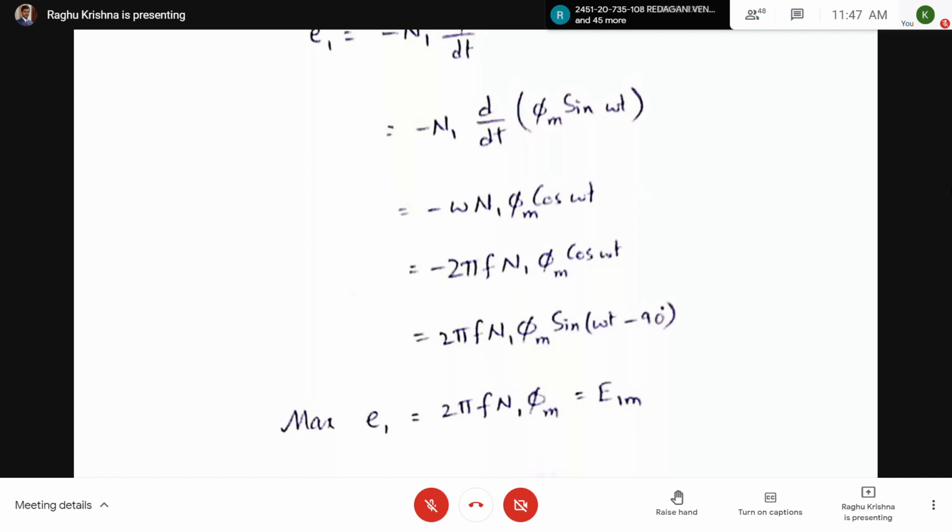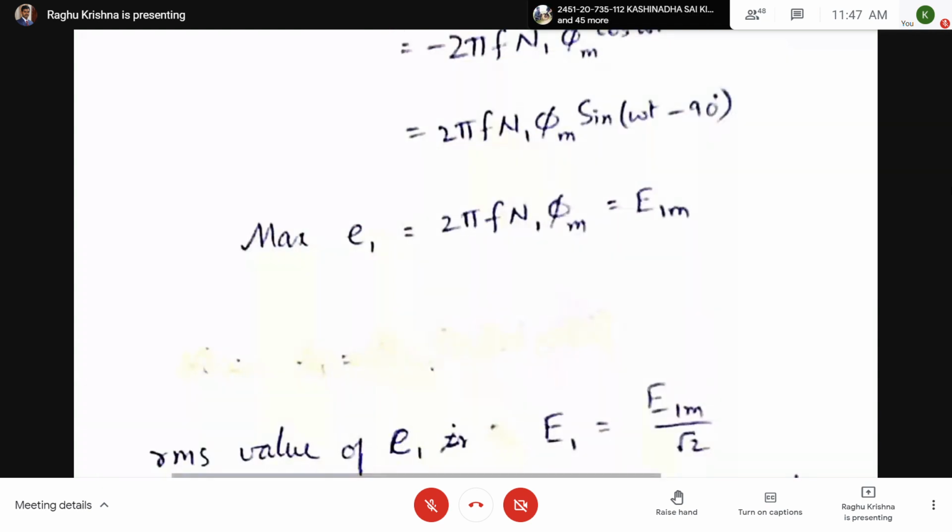From this we get the maximum value. The maximum value of the sine function is 1, so the maximum value of induced EMF is 2πf N1 Φm, which I am writing as E1m.